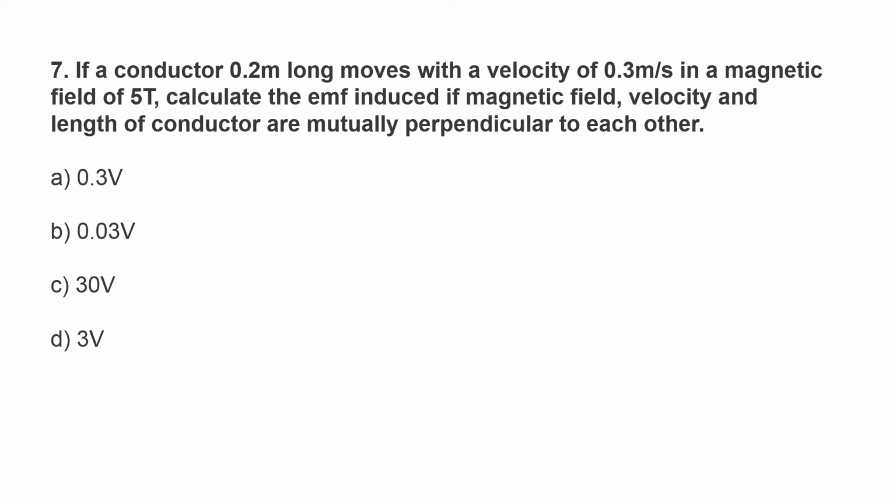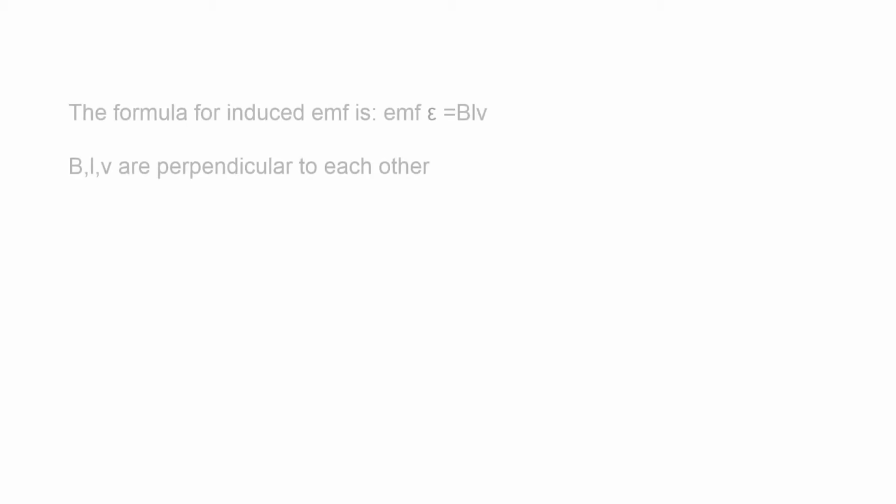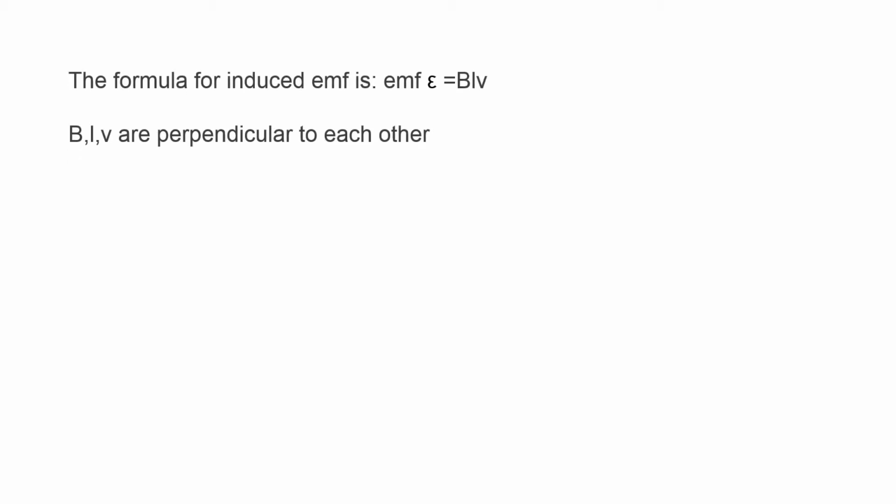So here also you are using motional EMF. Because B, L, V are perpendicular to each other, using the formula epsilon equals B into L cross V, or in magnitude it becomes BLV sin theta.